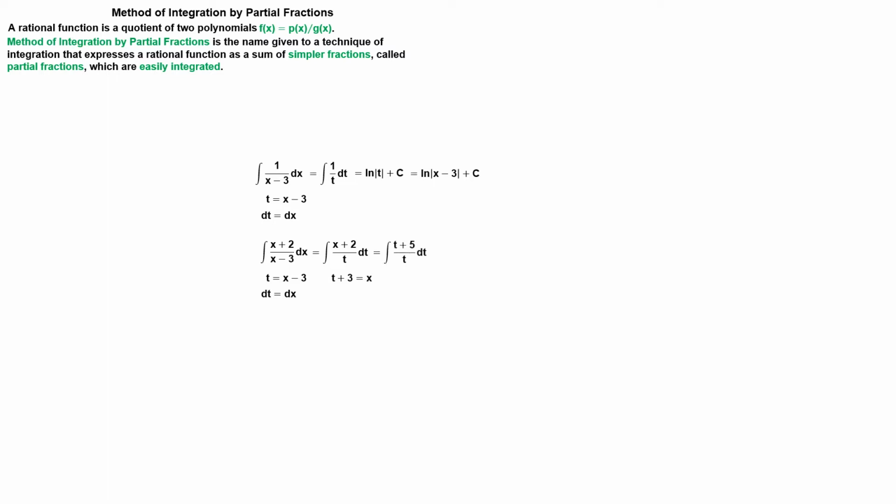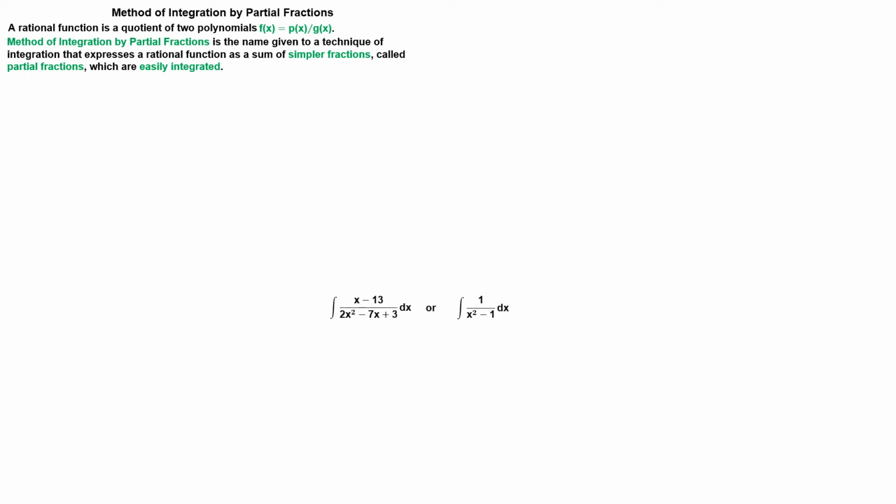Making these substitutions gives the answer. However, we do not yet have a technique that allows us to tackle arbitrary quotients like these ones. So let us see how the method of integration by partial fractions works.